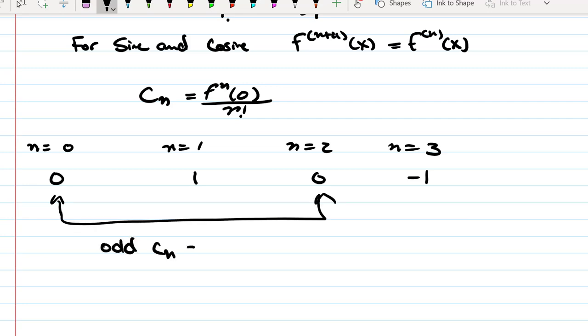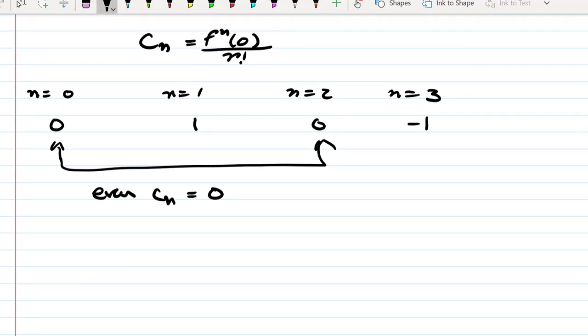So even c sub n's equal 0. So we really only want to count the odd numbers. So then that means what we're going to have is c sub 2n plus 1 is going to be equal to negative 1 to the n over 2n plus 1 factorial.